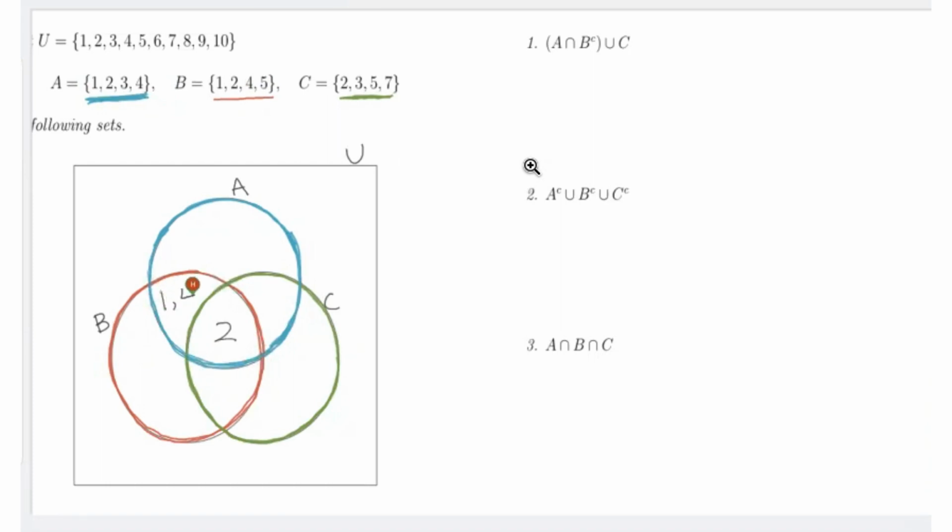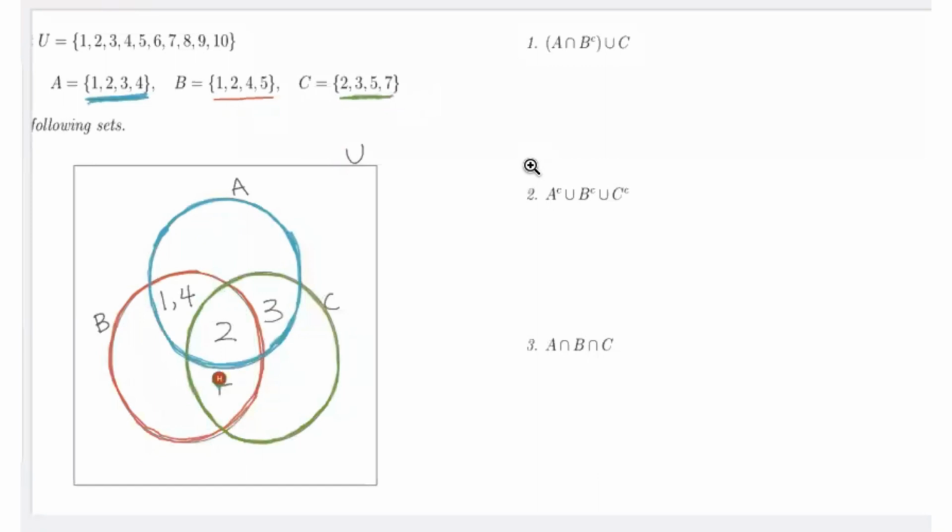Now the green and the blue, common elements of these two. 2 is already there, so 3. Common element of green and blue. Then B and C: 5.